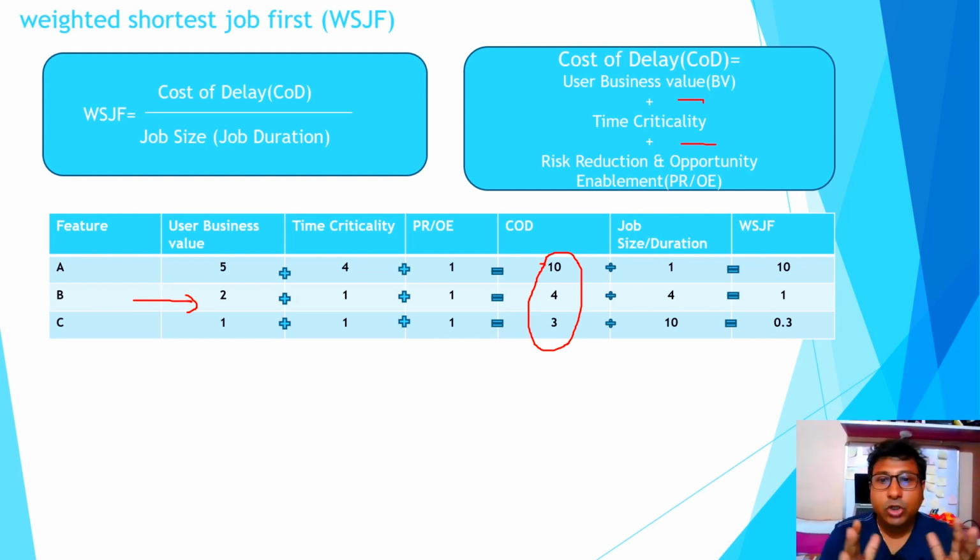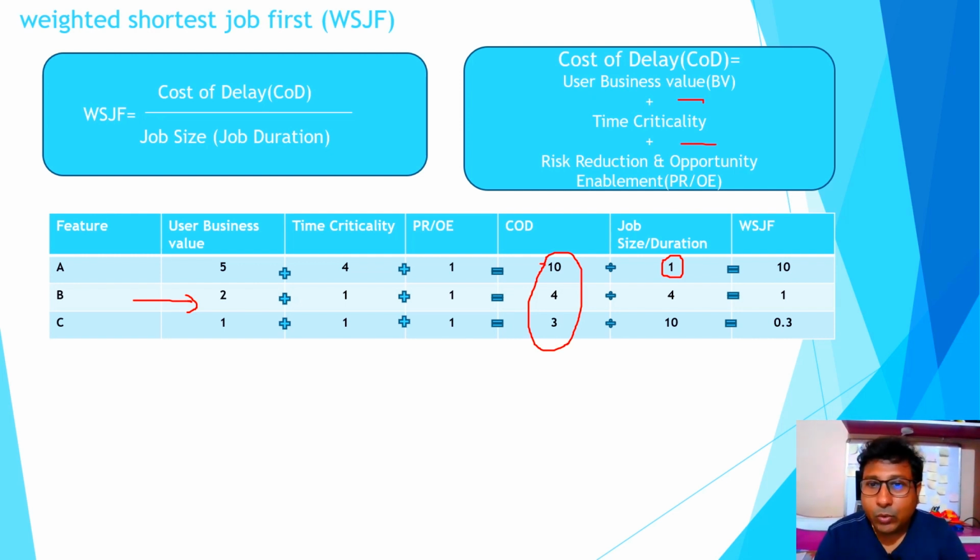The size of the job, or how long it will take to complete the job. Let's say A has a job duration of 1. We can consider this as 1 day, just for the sake of our discussion; it can be 1 hour, it can be 1 month, but for our discussion let us consider it as 1 day. Now that means the WSJF is 10 divided by 1, equal to 10.